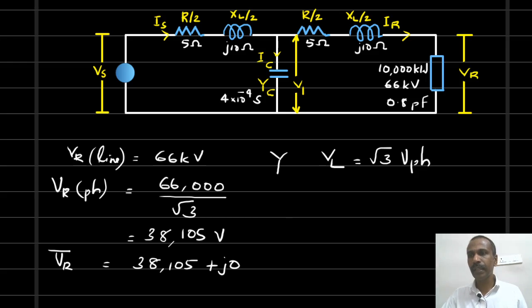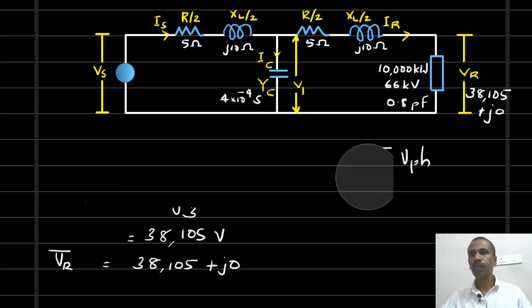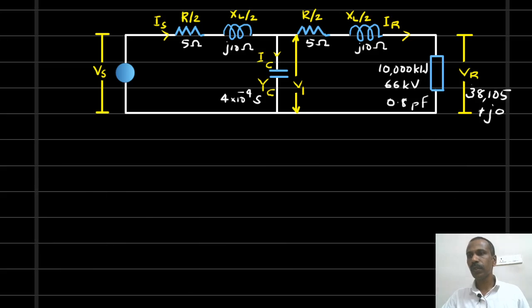It should be represented in the complex form. So VR equals 38,105 plus J0. As it is the reference vector, there is no imaginary part here. Now we will find out the current at the receiving end.